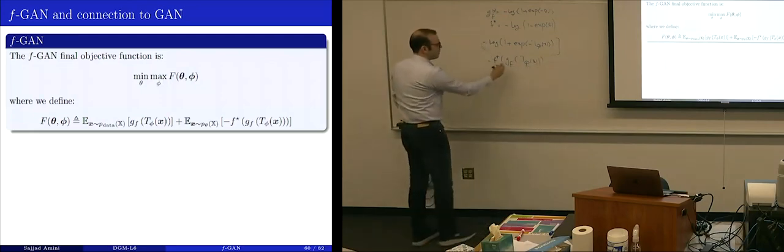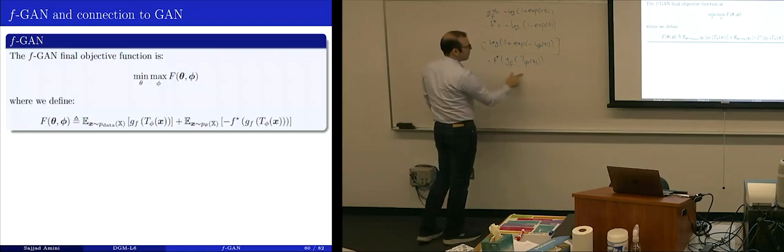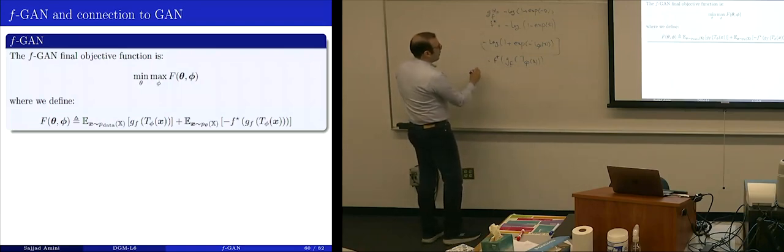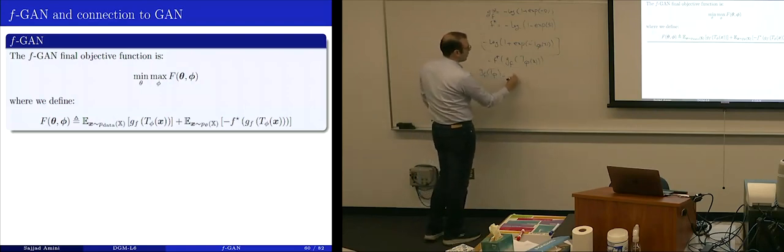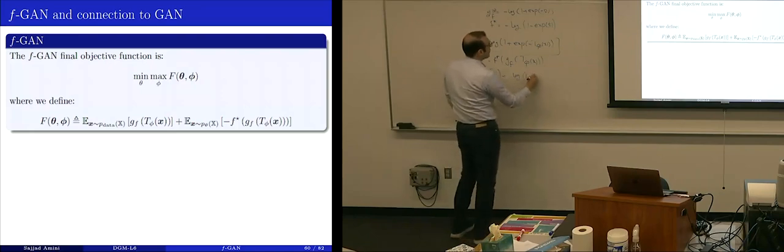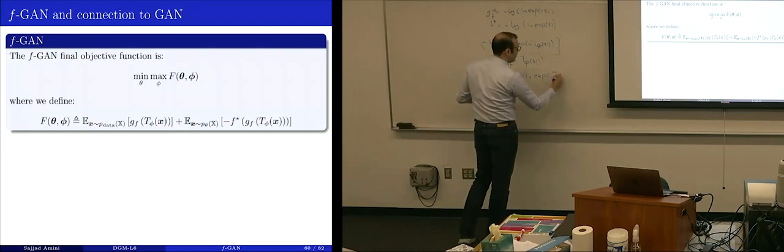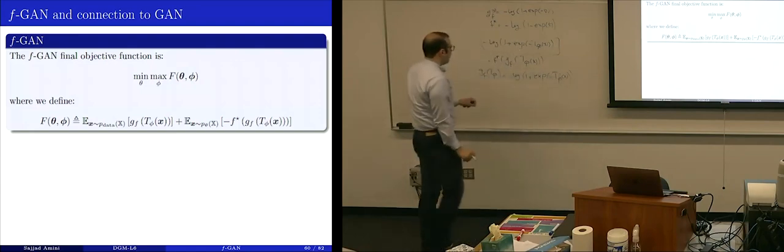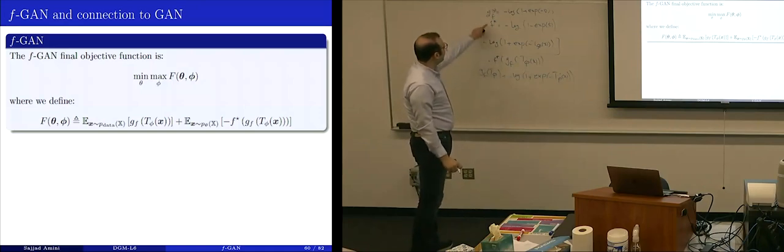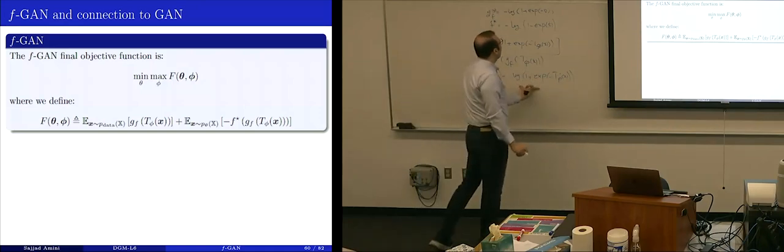So first, let's focus on g_f of T phi, which equals minus log of 1 plus exponent of minus T phi of x. Now you should apply f star to this output.